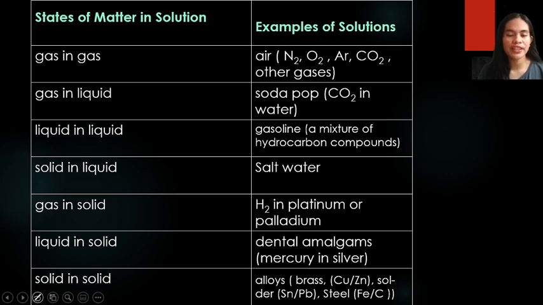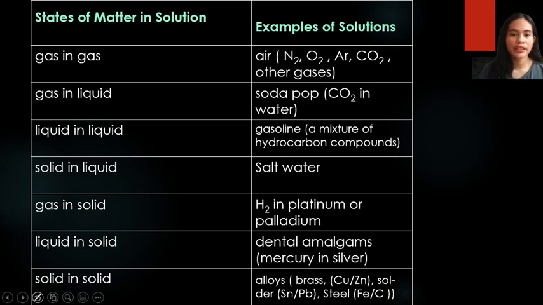We also have here liquid in liquid. We have here gasoline, a mixture of hydrocarbon compounds. We also have here solid in liquid, that's salt water. We also have gas in solid, that's hydrogen gas in platinum or in palladium.